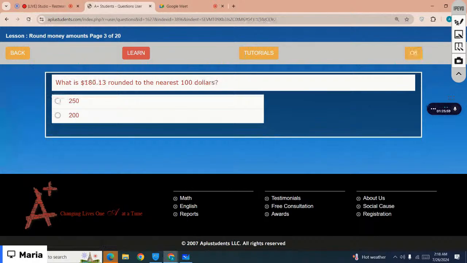Okay, what is 180.13 rounded to the nearest $100? So which is the correct option?